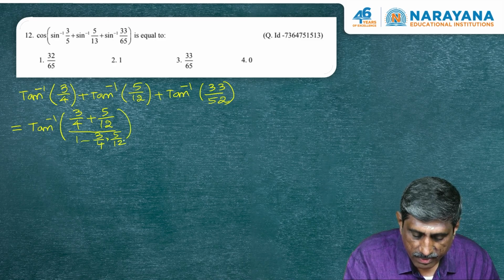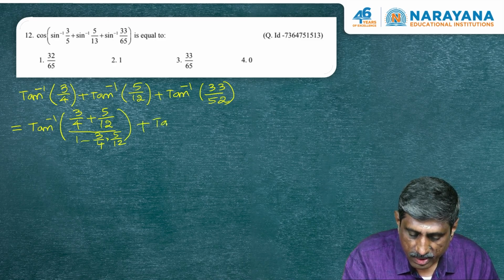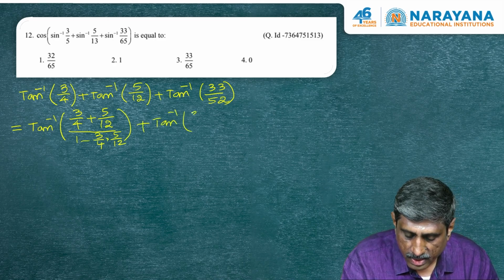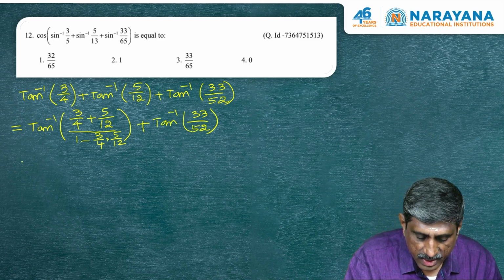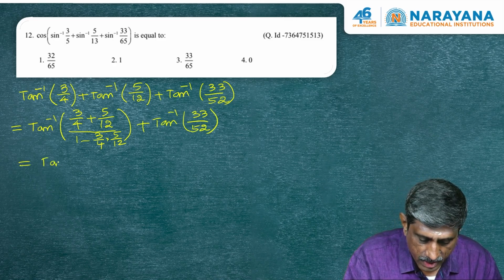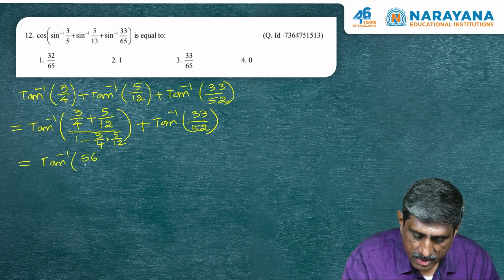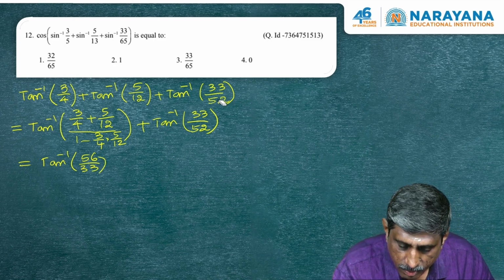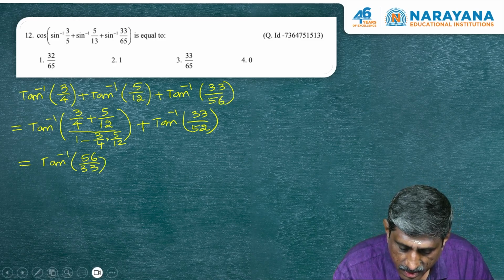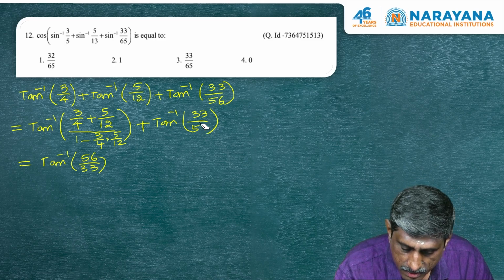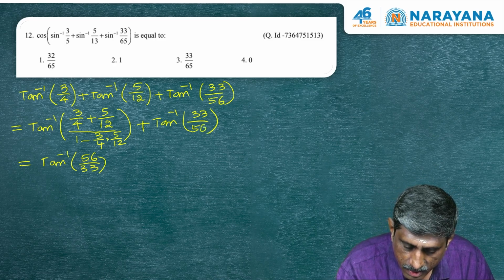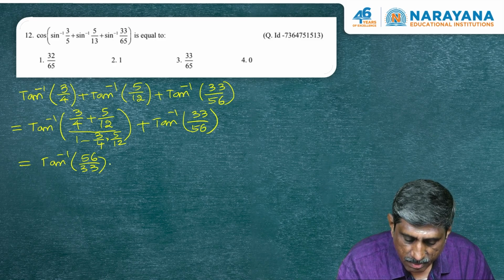And on simplification, this is as it is, we will keep plus tan inverse of 33 divided by 56. So, on simplification, it is tan inverse of 56 divided by 33.